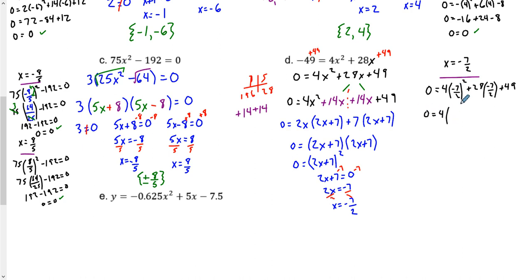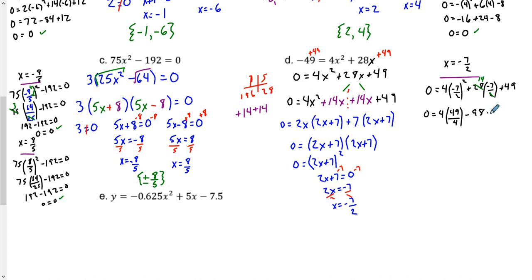Negative 7 over 2 squared will be 49 over 4. Actually, sorry. I can do this multiplication really nicely. Because 28 and 2 reduce gives me 14. And 14 multiplied by 7 would be 98, but it's positive by a negative.